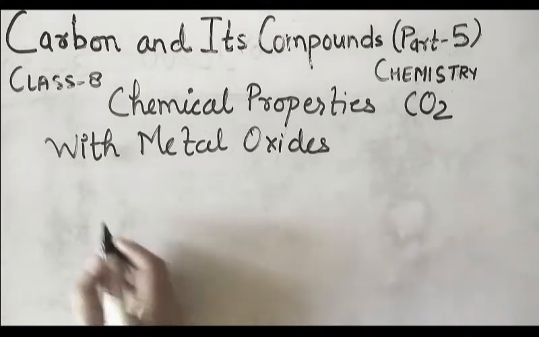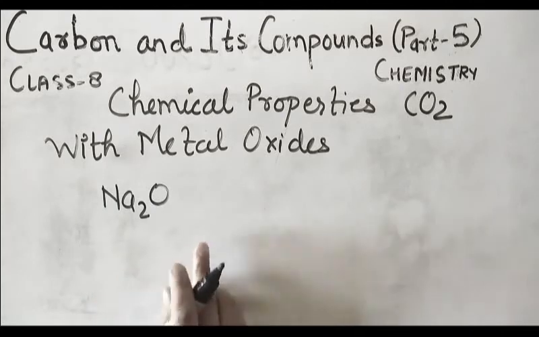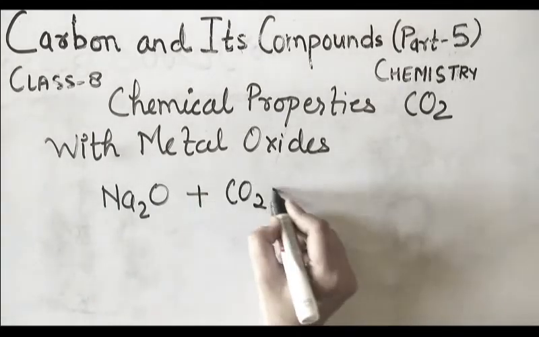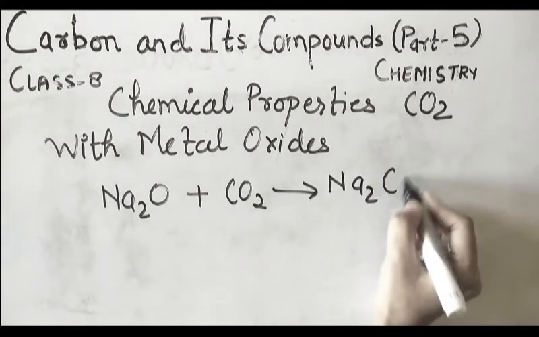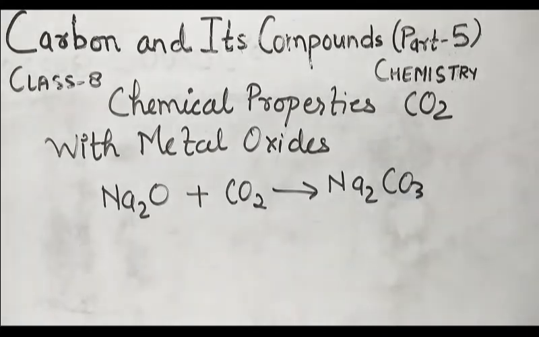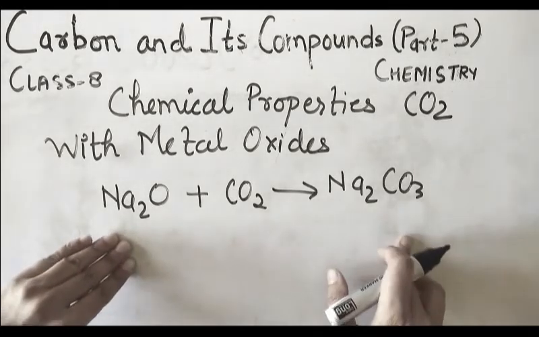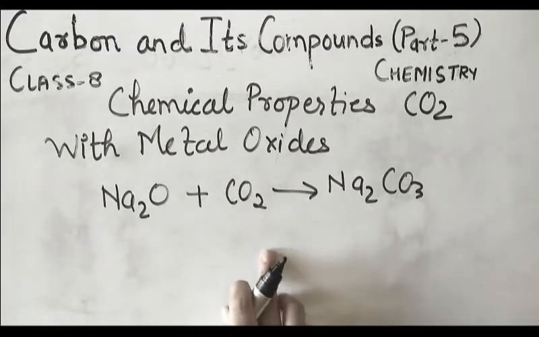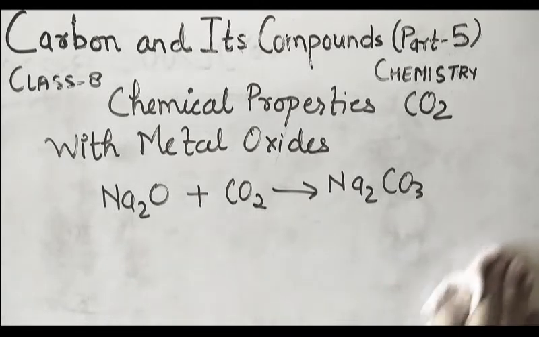Okay, so let us write Na2O, which is sodium oxide. It is going to react with carbon dioxide, so it is going to form Na2CO3, which is sodium carbonate. As I told you, they will form carbonates. Sodium oxide reacts with carbon dioxide and is going to form sodium carbonate. Similarly, magnesium oxide reacts with carbon dioxide and is going to form magnesium carbonate.